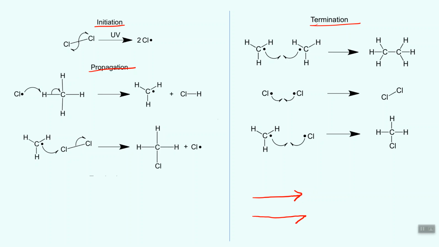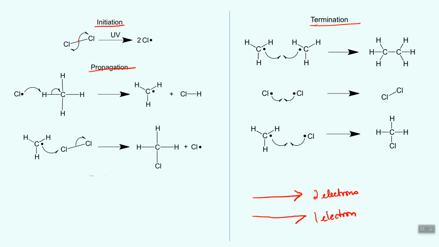When you draw an arrow that has two sides to it, it means you're moving two electrons. And when you move it with only a one-sided arrow, that means you're moving only one electron. Over here, you have this chlorine bond that's made up of two electrons, and this bond is going to separate, and the electrons are going to go their separate ways.